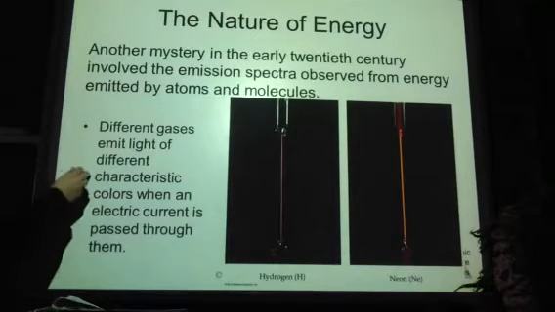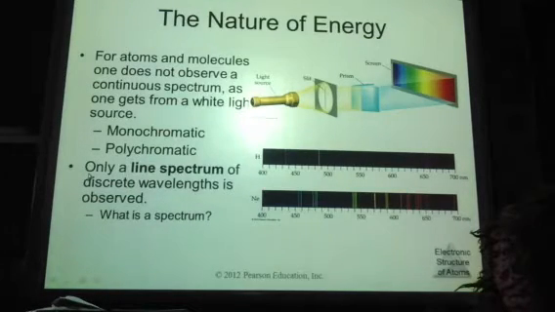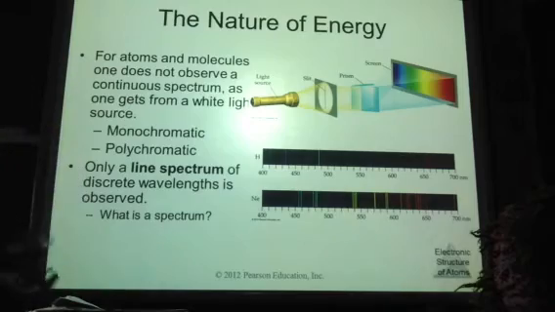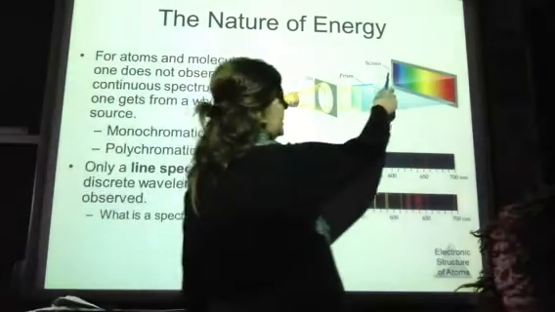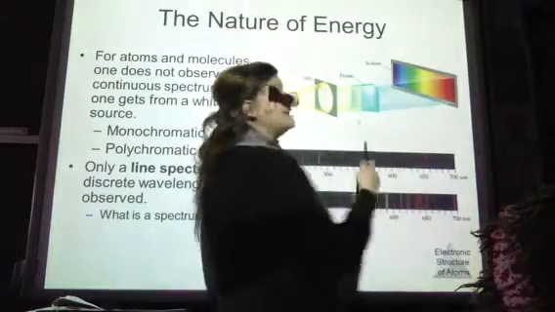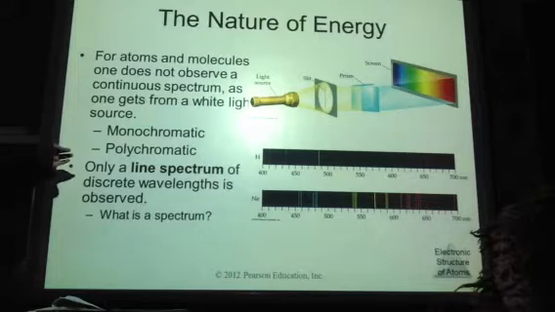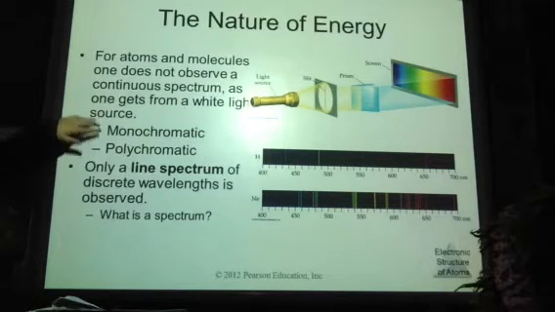So for atoms and molecules, one does not observe a continuous spectrum. If we have a flashlight, white light, and we shine that through a prism, we're going to see an entire continuous spectrum. I see Roy G. Biv. We could also see something with monochromatic light or polychromatic light.